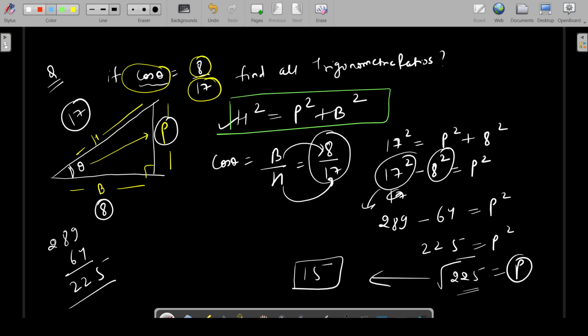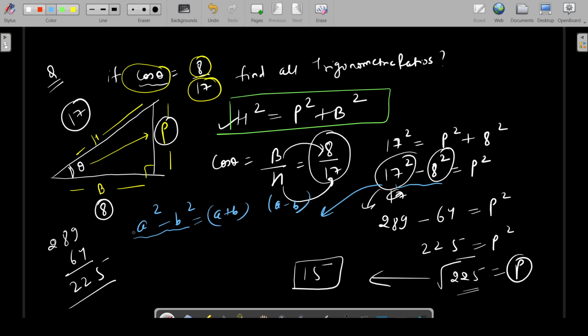Another way to solve this: if you remember, in algebra we study a square minus b square. You can check out my algebraic identities playlist, where I have explained this result. A square minus b square is a plus b into a minus b, correct?